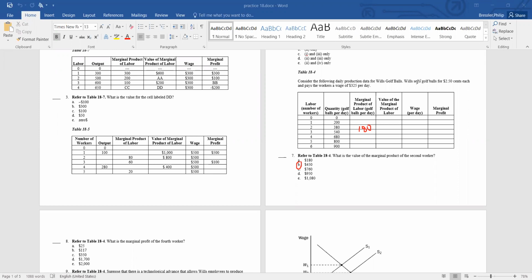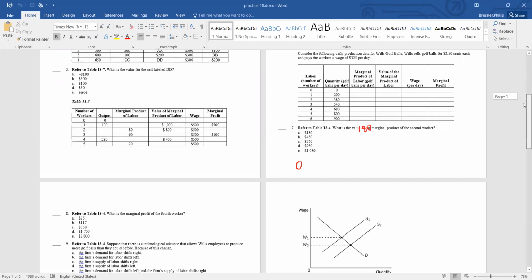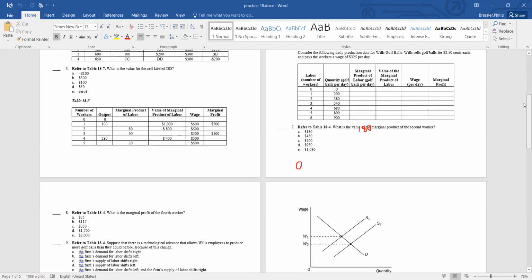Yeah, Austin, let me just get 8 and I'll go over that again, the linkage. Refer to table 18.4. What is the marginal profit of the fourth worker? All right. So I've got 680 minus 540.